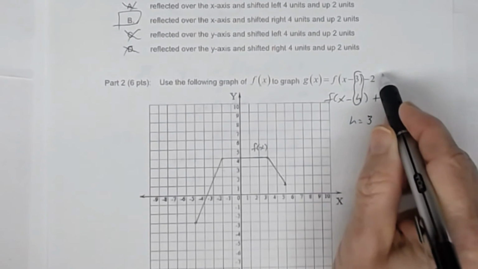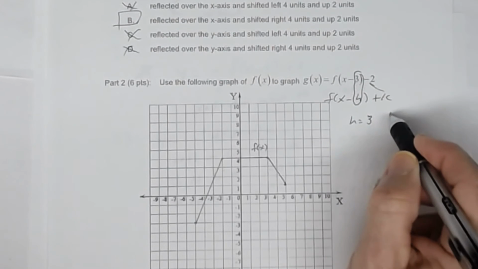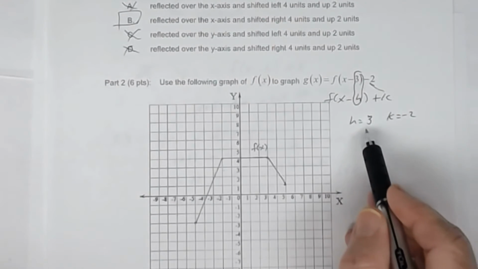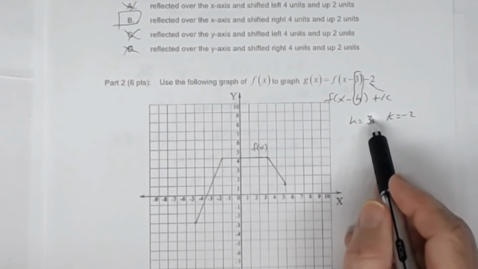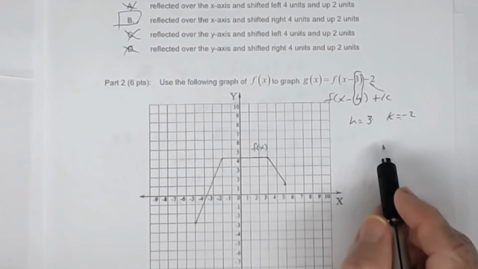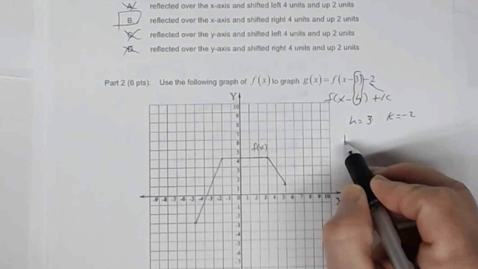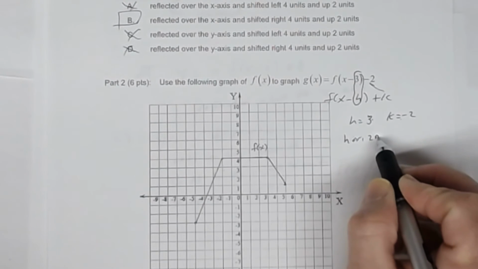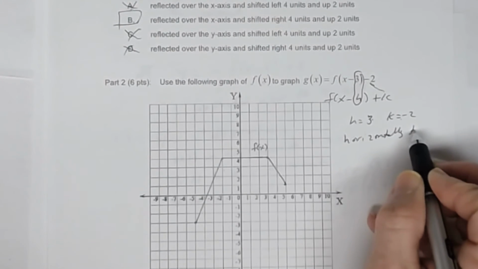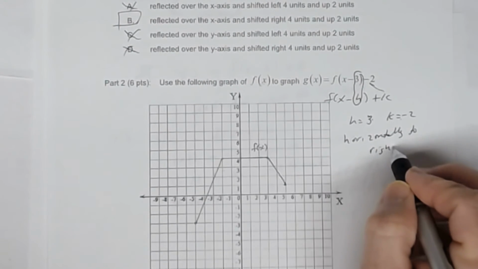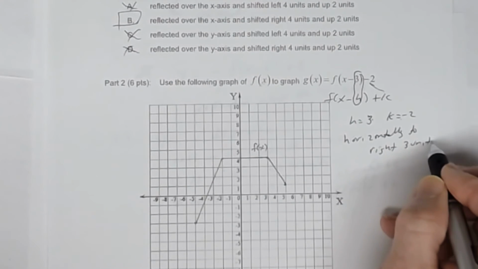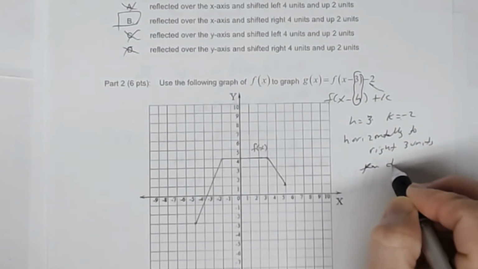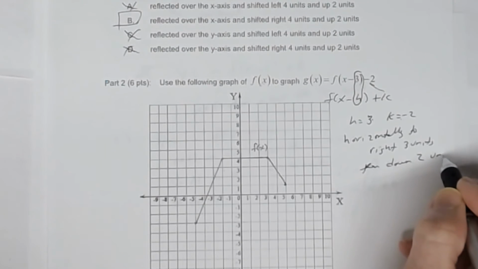Positive 3. And k is a negative 2. So you're going to shift horizontally to the right 3 units and then down 2 units.